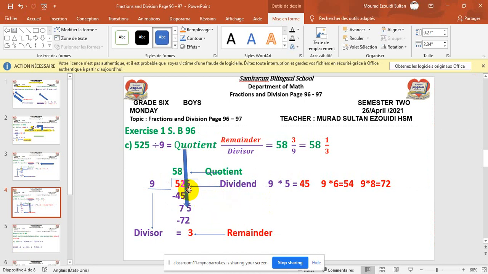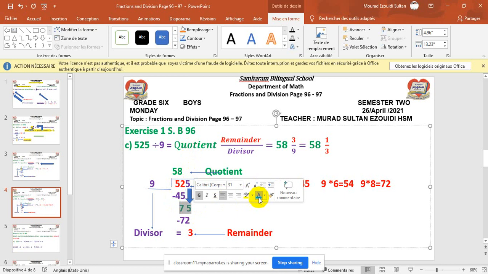Then 12 minus 5 gives 7. 5 minus 5 is 0. So the answer is 75.